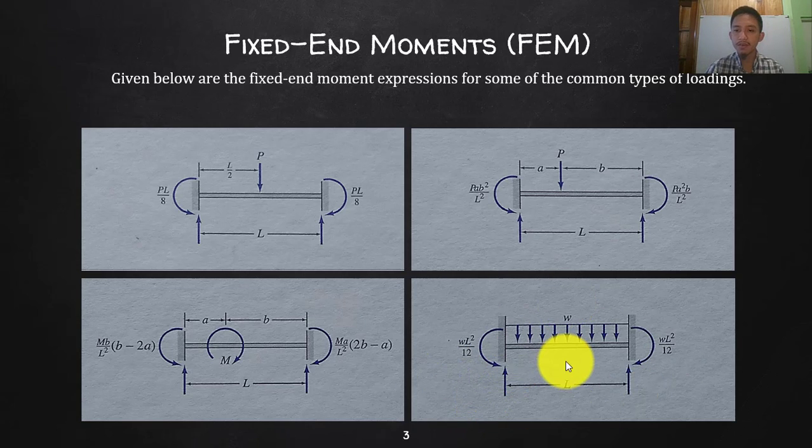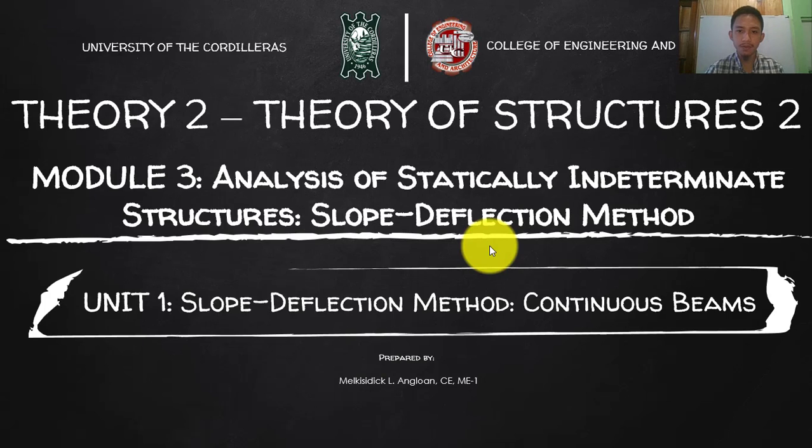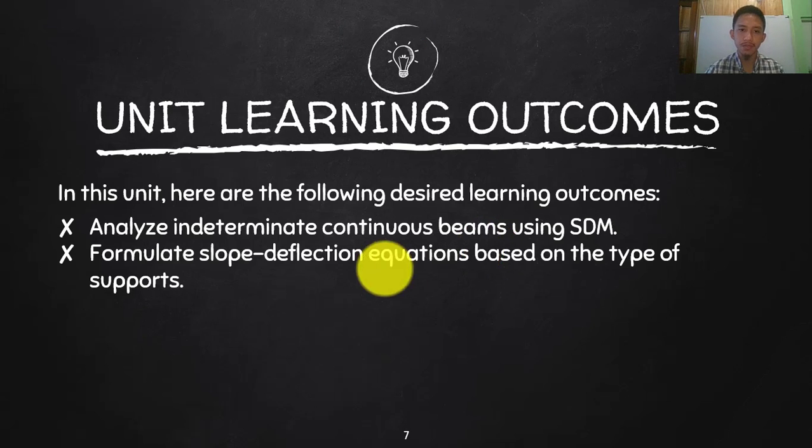This is going down, so this moment will try to resist that, and that will try to deflect backwards. So these are your directions of moment. This is counterclockwise. Again, we will stick to our sign convention, clockwise positive. Therefore, on your left side that is negative, and on your right side that is positive. WL squared over 12 is our formula for the FEM of your UDL.